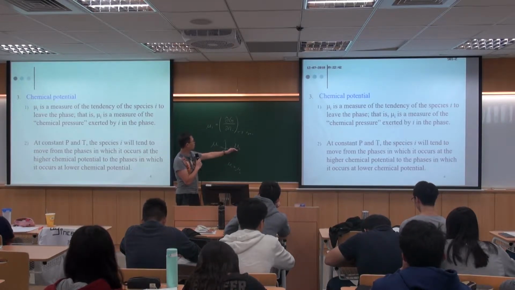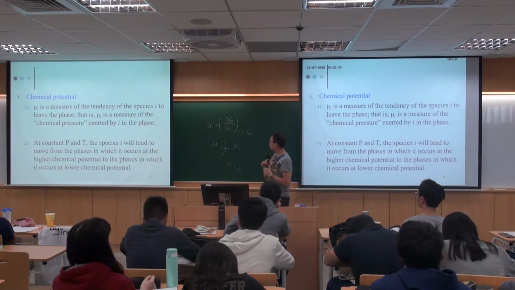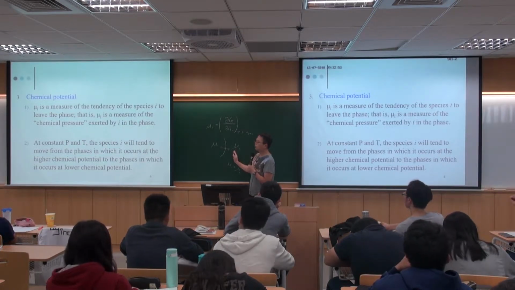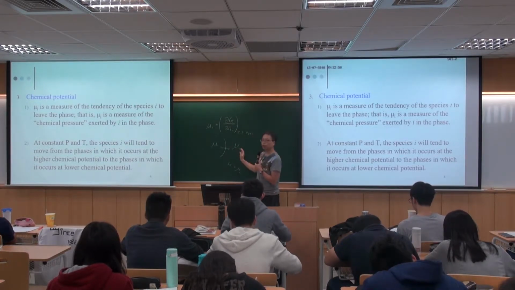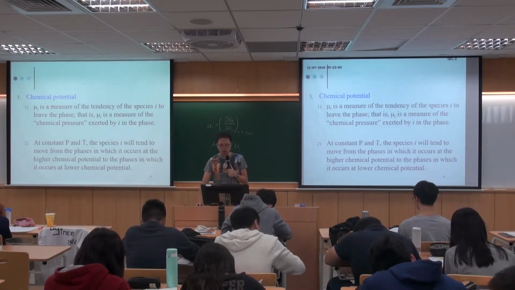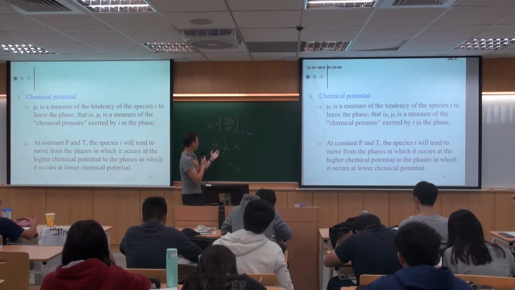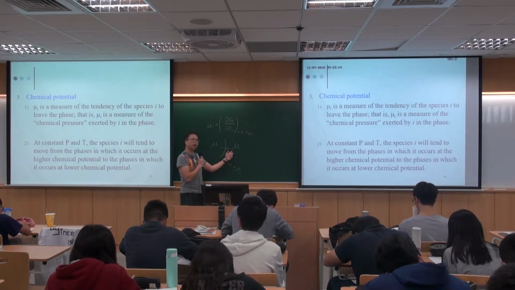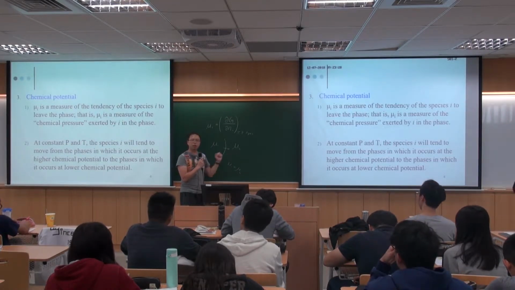Because the chemical potential describes the tendency of that certain species to leave that system. Okay? So if mu_1 is greater than mu_2, then these particles have a trend to move to the other side. And therefore, mu_i is a measure of the chemical pressure exerted by i in the phase. So if you have mu_1 greater than mu_2, then the particles will start to move from this side to this side, and then eventually, in equilibrium, mu_1 should be the same as mu_2.